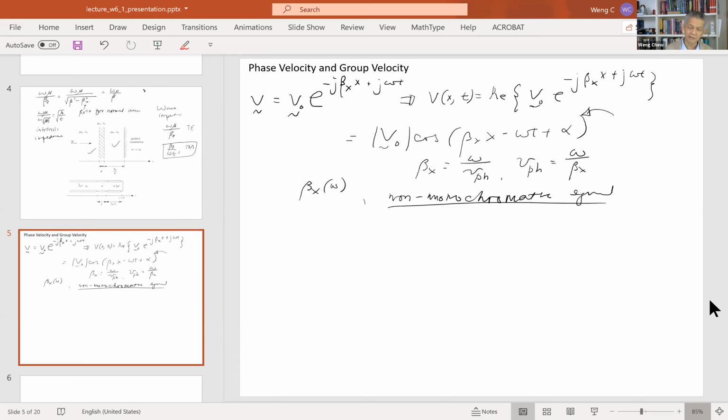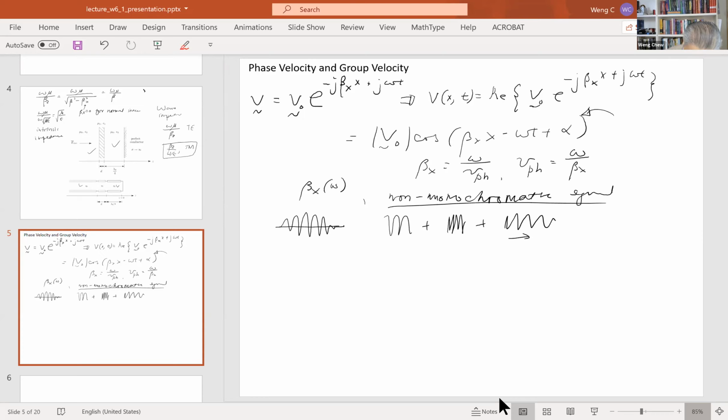So that is not good, which means that if you try to constitute a wave packet, it is not a monochromatic signal. And in the beginning of time, they have Fourier components. There will be this component plus this component plus that component.